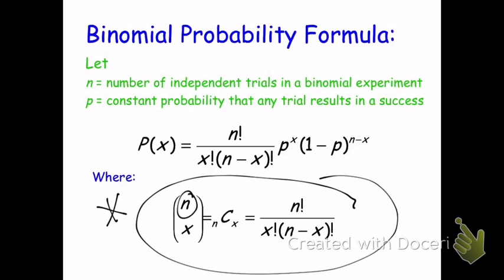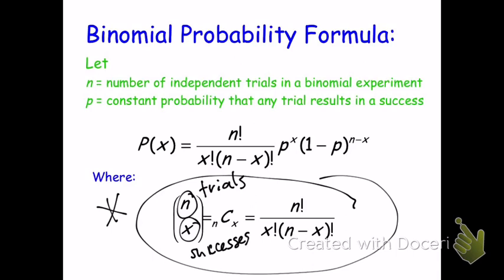So n is your number of trials. X is the number that you would put in your probability statement, like when it said at most 2, then you would put 2 there. So it's like the number of successes, kind of.